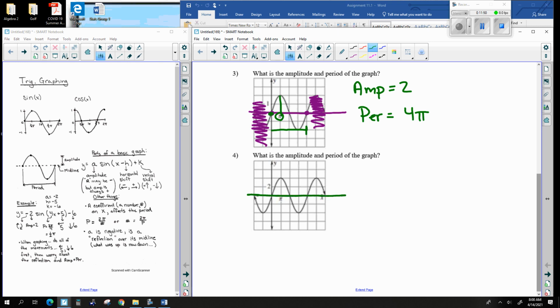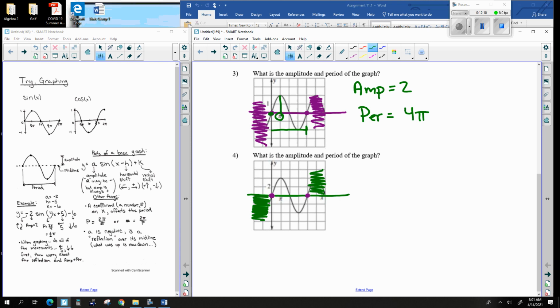Again, here is that midline. In essence it starts here, stops here. All this other junk is just literally that, just junk. Don't worry about that stuff.